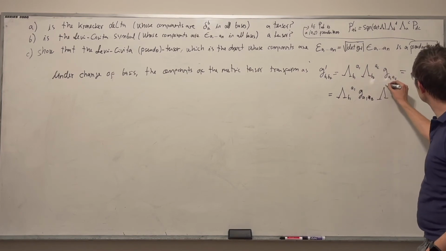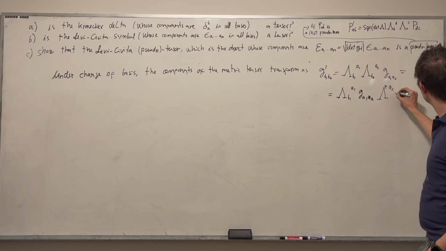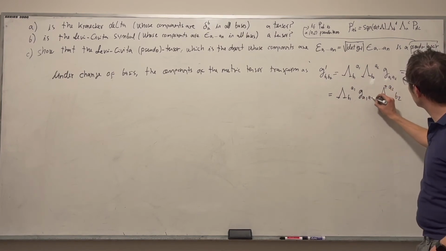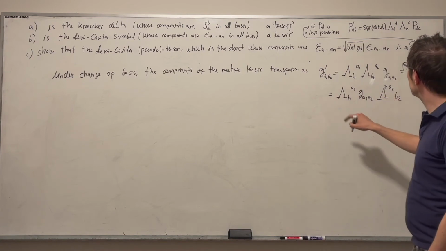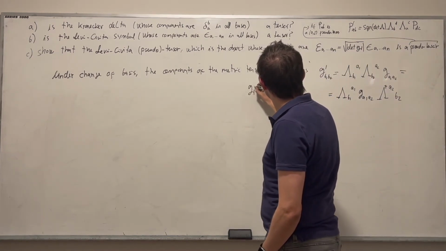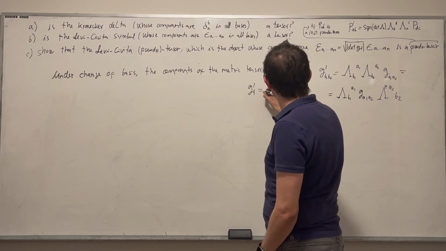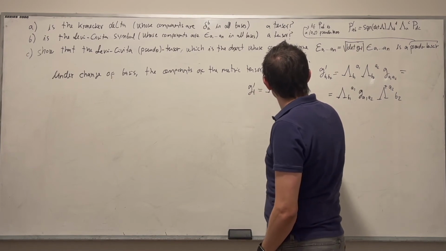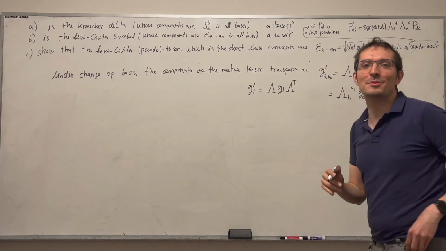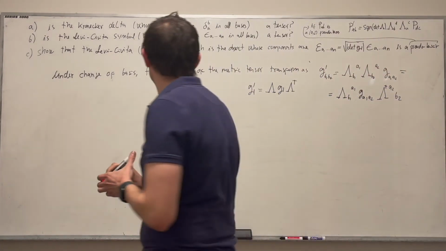So I have transpose A2, B2, and now it's in the canonical form of a matrix product, right? So if you want, let me write it as a matrix product. G prime as a matrix is equal to lambda G lambda transpose. As it should, because that's what happens with symmetric tensors that are twice covariant.